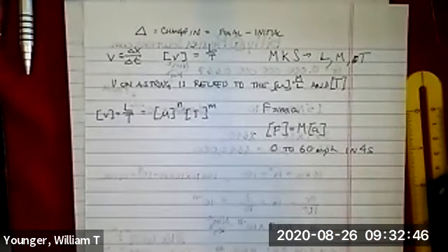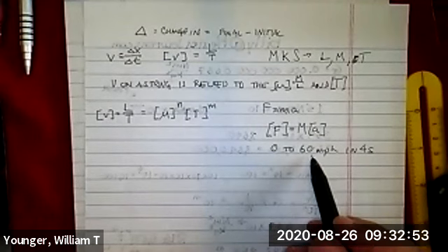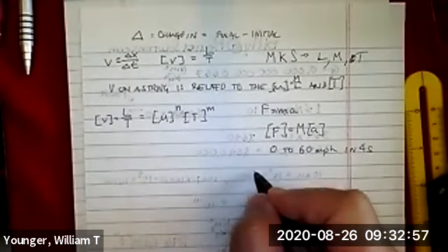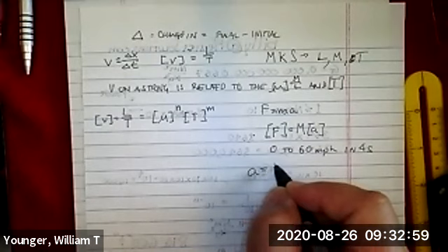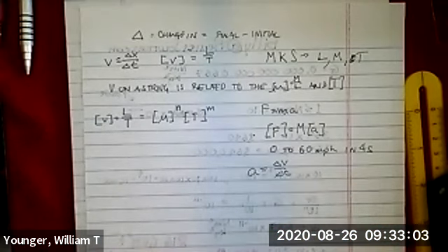That's a pretty good acceleration. But what does it mean? Well, it means that my speed or velocity changed from 0 to 60 miles per hour in a certain amount of time. And that might make you think that maybe acceleration is equal to delta V over delta T. And that's exactly what it is. Okay.